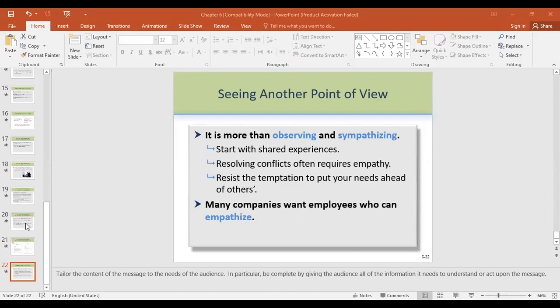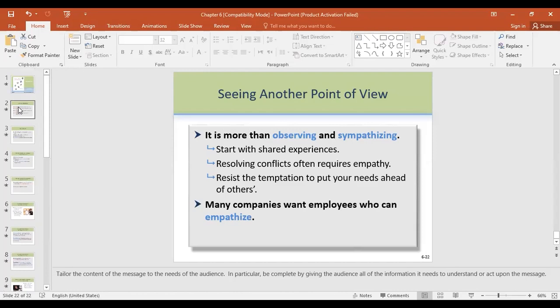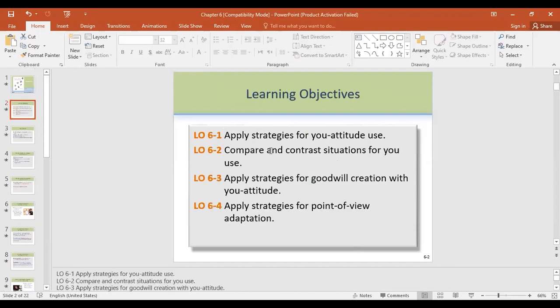Okay, so we have reached the final point in this chapter, but let's make a quick revision of what we talked about. We talked about applying strategies for your attitude, how to create goodwill with your readers, and applying strategies for point of view.